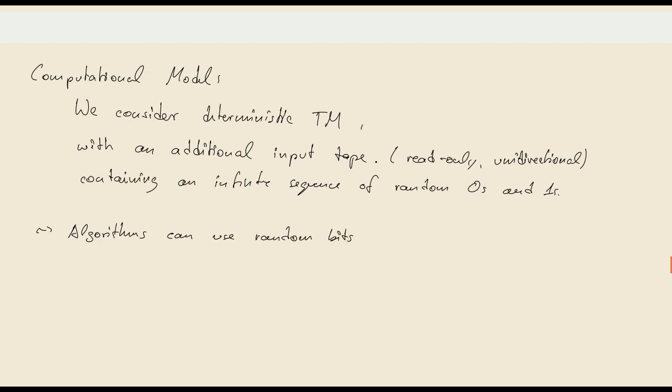And instead of thinking of a tape where these are all pre-computed for you, you can just assume that you have a random bit instruction that each time you call it returns a random 0 or 1. Well, and in algorithms, we often use that in terms of a choice statement.